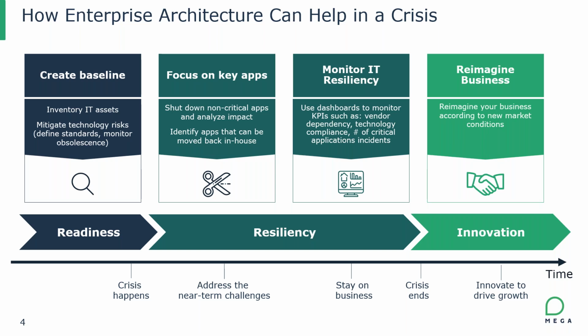So we are going to talk about how to create a baseline today, to make sure that you are ready to face a crisis should one happen. We're going to see how to inventory IT assets, how to keep them up to date, how to monitor obsolescence, and how to define standards. All of that will be seen in the first part of this webinar.